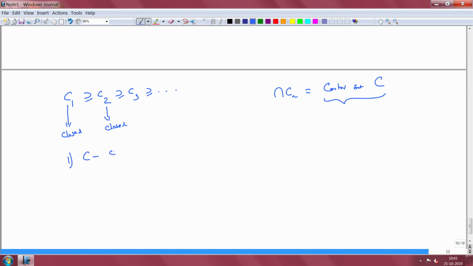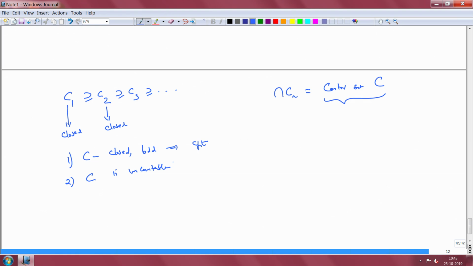One, C is closed, of course, because it is an intersection of closed sets, and bounded because it is inside [0,1]. So, it is a compact set. Two, C is uncountable.